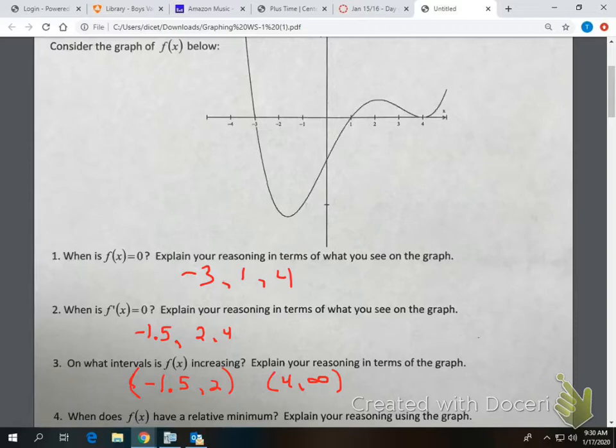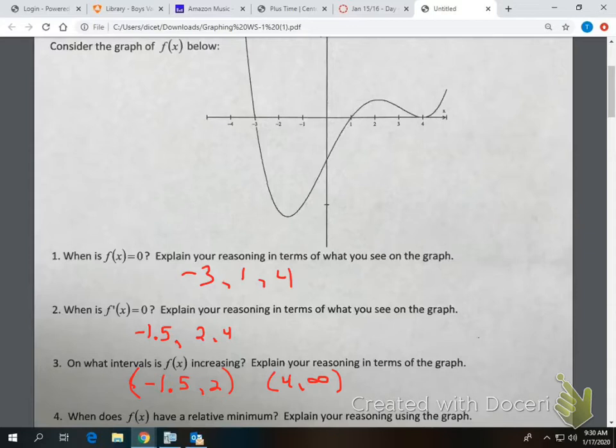The next question says, when does f of x have a relative minimum? I have one of them right here. Where? Relative minimum at -1.5. You know that because you went from decreasing, zero tangent, to increasing. So that's a relative minimum.